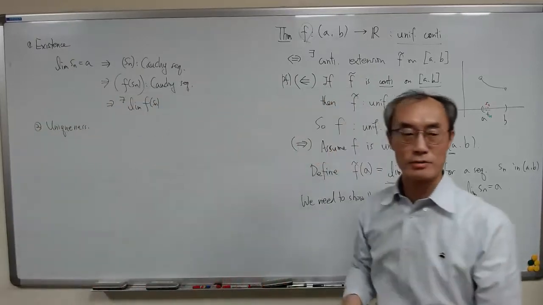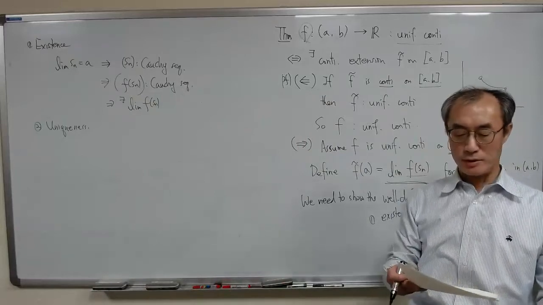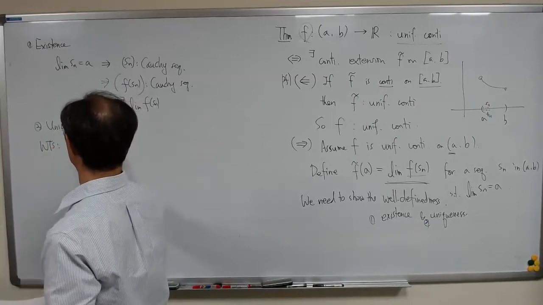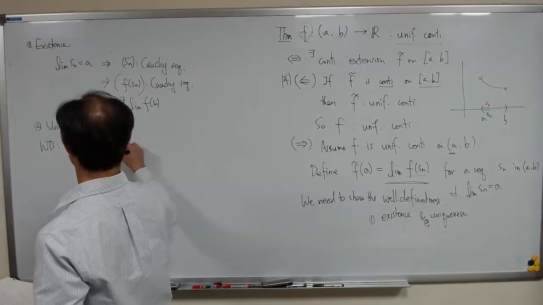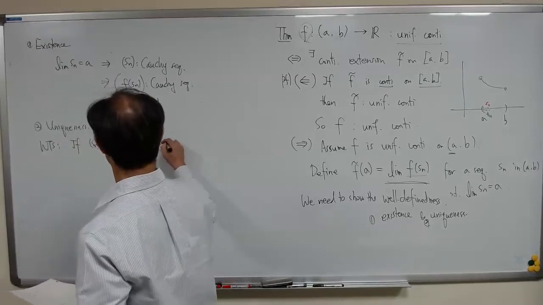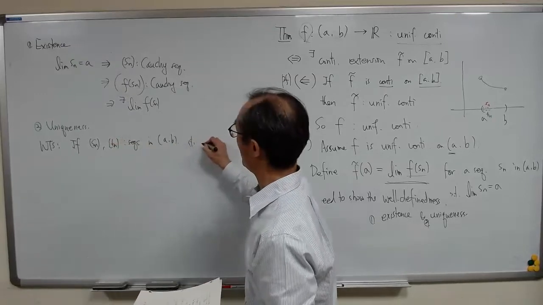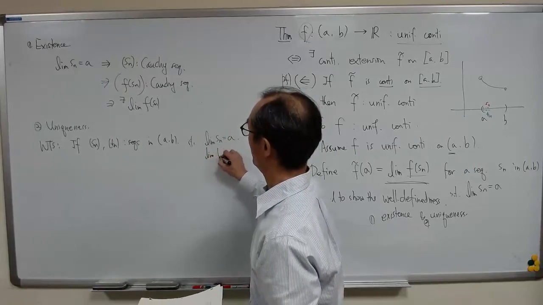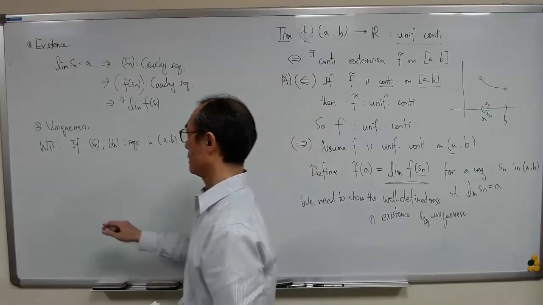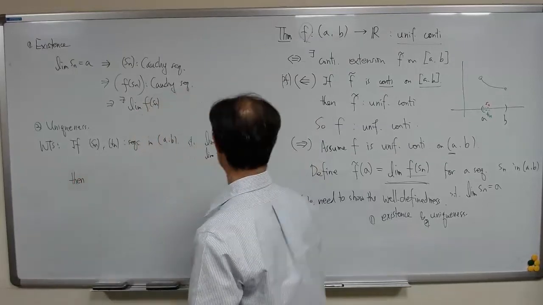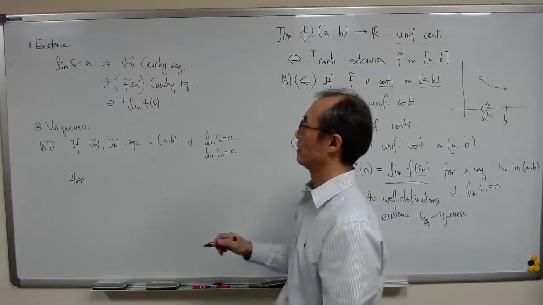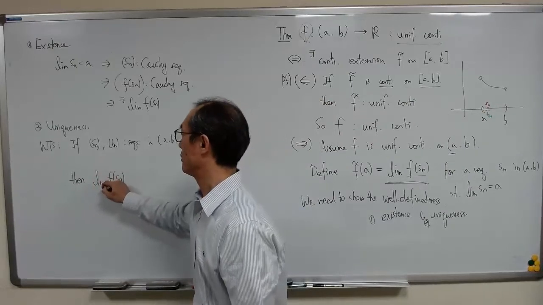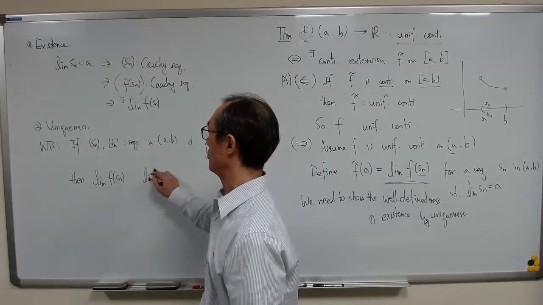But uniqueness is a different question. What if we have two sequences? You want to show: both Sn and Tn are sequences in the interval such that Sn converges to A, and Tn also converges to A. Then for those two sequences, what if we compute the limit of f of Sn and the limit of f of Tn?